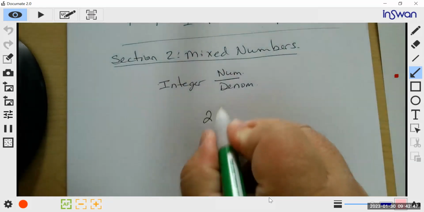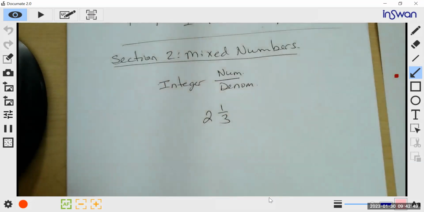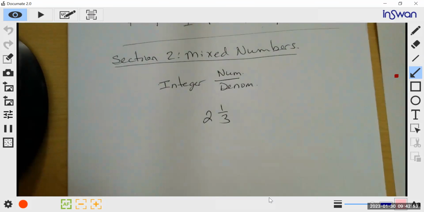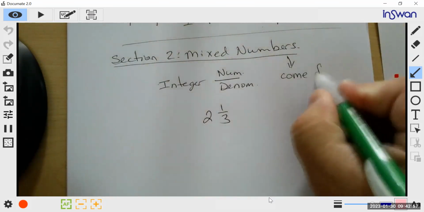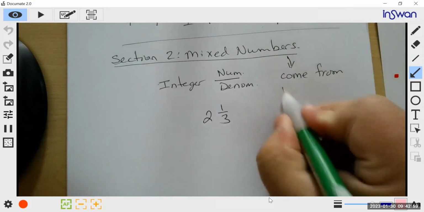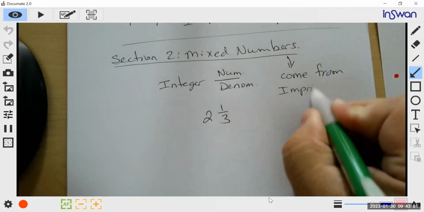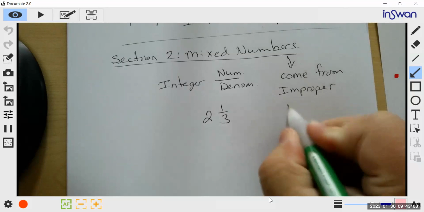So 2 1/3 is a mixed number. Mixed numbers come from improper fractions.